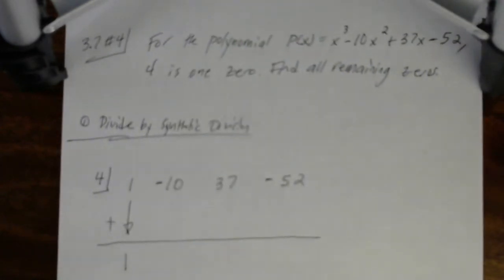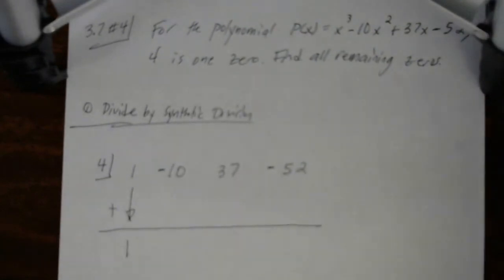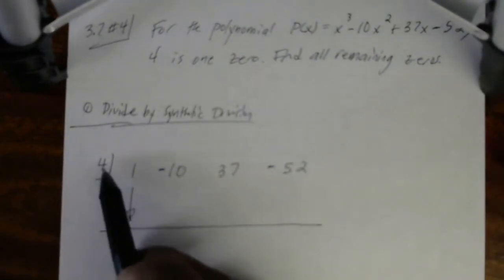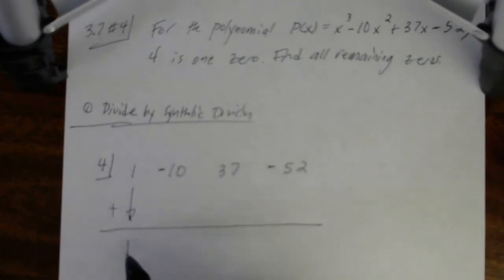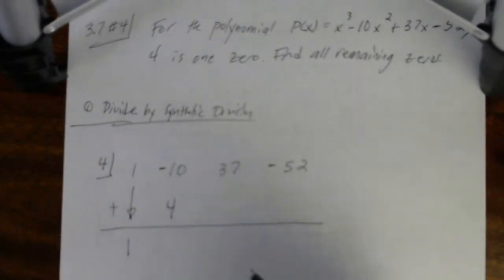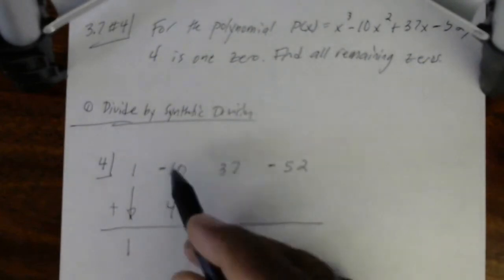All right, so now we're going to do our crisscross pattern of multiplying and adding. So 4 times 1 is 4. And I'm going to add up and down.